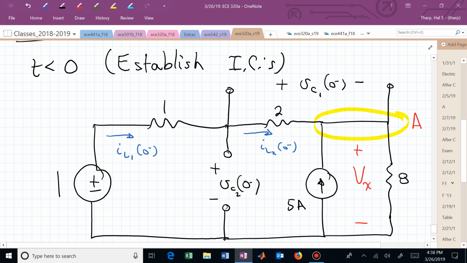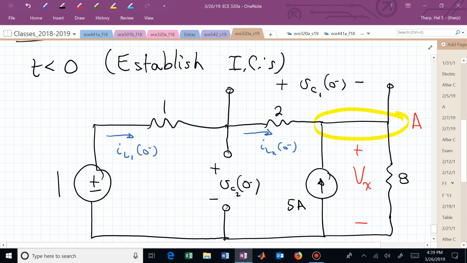The one going to the left horizontally, the current source coming up, and a current going down vertically from node A through the 8 ohm resistor, and that's V sub X over 8. The current going horizontally out of node A towards the voltage source is the voltage dropped across that resistance, which is 2 plus 1.